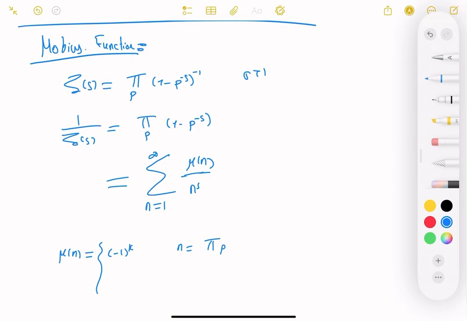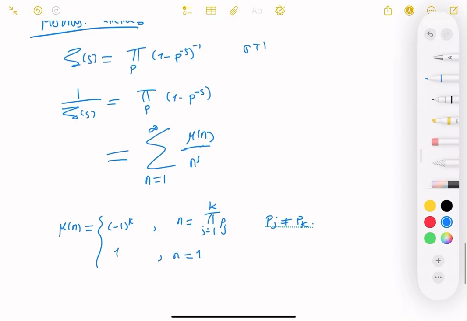So let's say p_j, j equals 1 to k, and the p_j's are distinct. So if n is square-free, meaning it's not divisible by a square, then mu of n is minus 1 to the number of prime divisors, and it's 0 otherwise. So maybe you can also say that mu of 1 is 1, just to make it distinct, and then it's 0 otherwise.